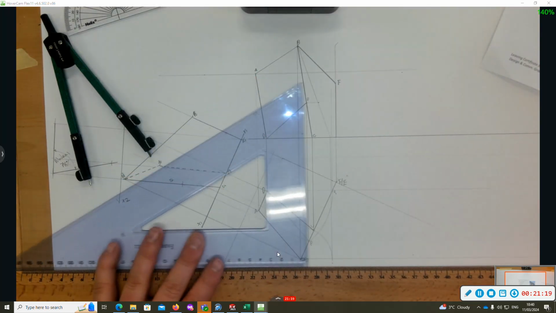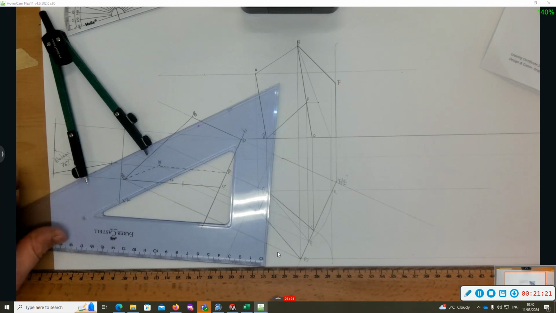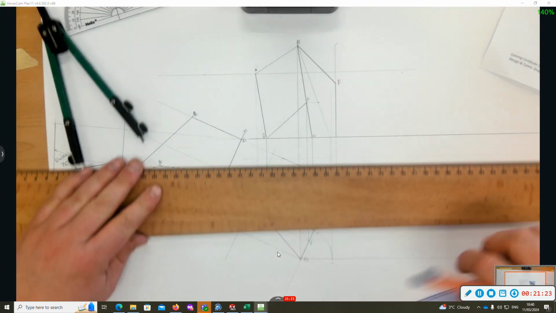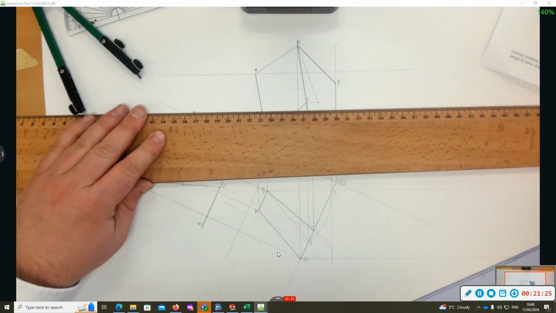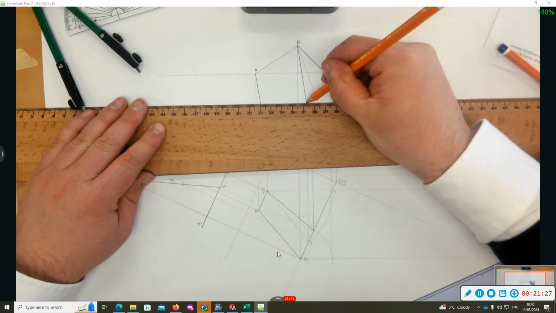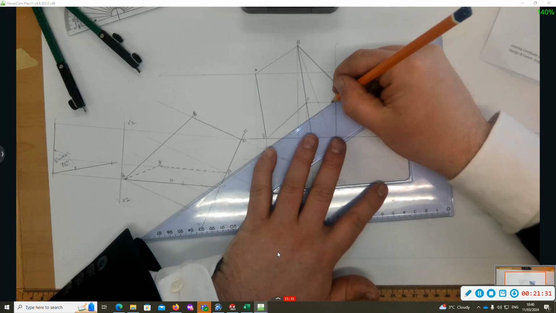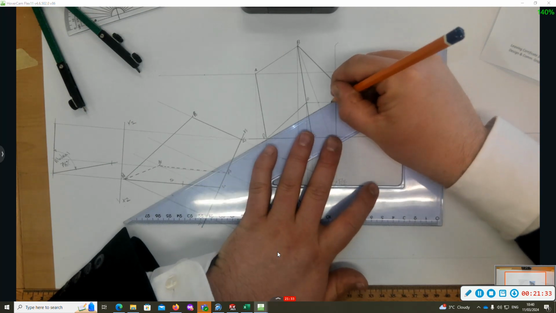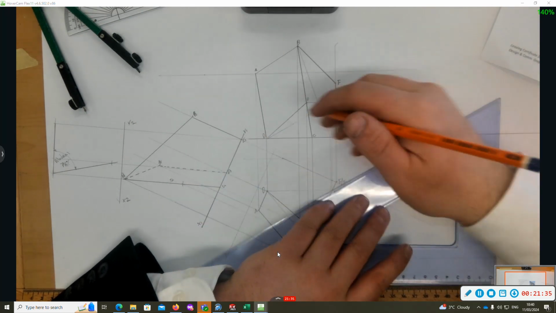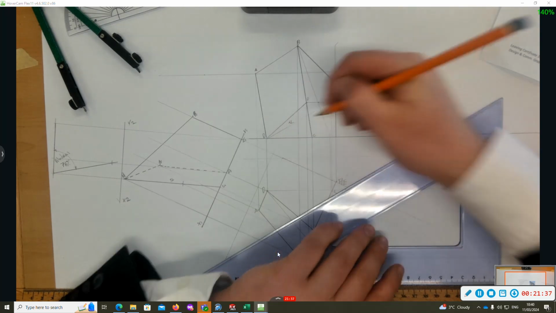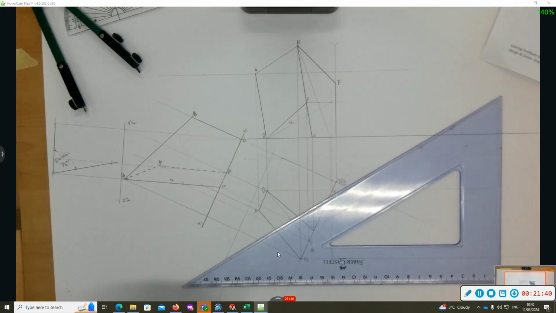I'm going to bring P1 up and then P across. And then I'm going to join that back to D, P. Here's the true length.